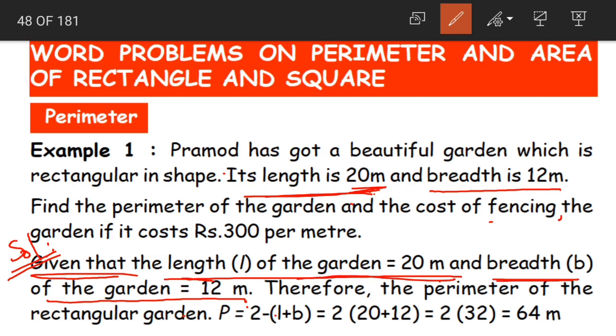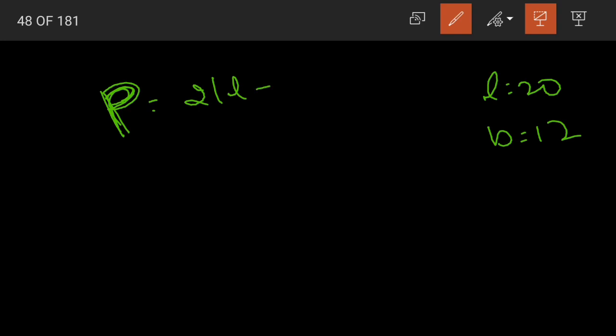Now therefore, what will the perimeter be? Perimeter is nothing but length and breadth, 20 and 12, right? Length is 20, breadth is 12. Perimeter is represented by the capital P. P is equal to 2 into (L plus B).